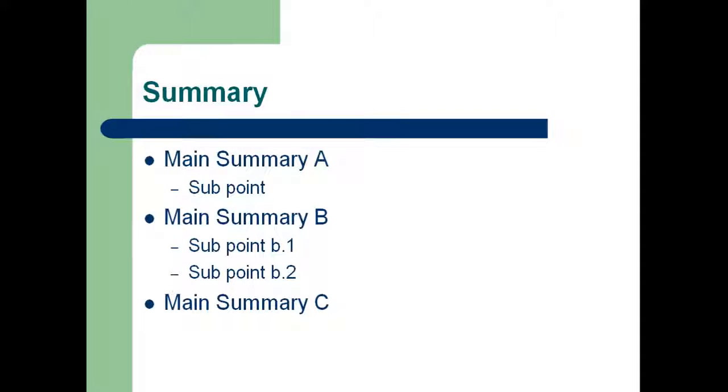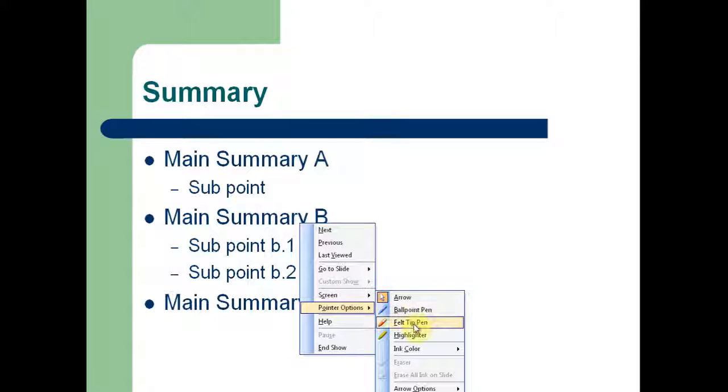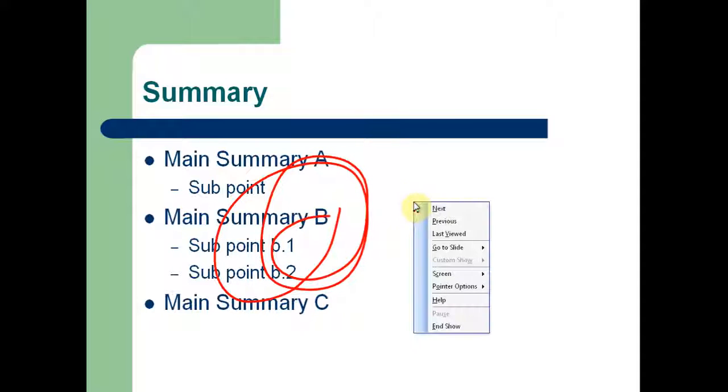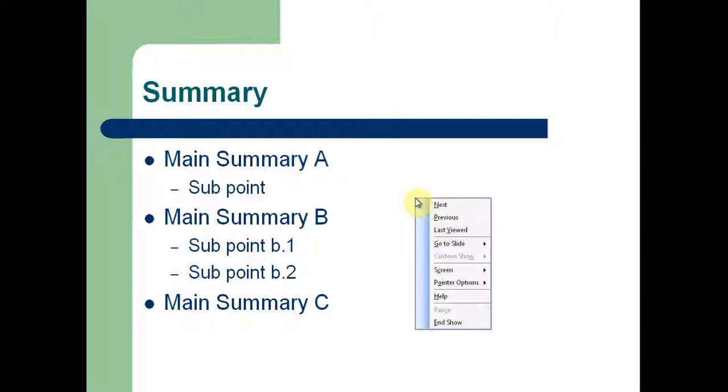And anytime you wanted, you could right click on a slide and go to a slide, and you can also get pointer options like pens, and I can use it to do stuff. Right click, pointer options, and there are different pens, and I can erase all ink. And you can even right click and in pointer options, you can go back to arrow.